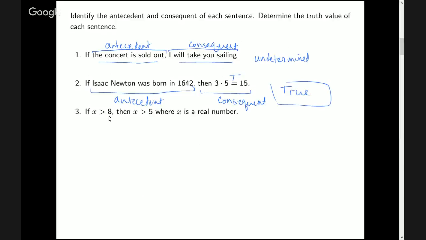What is the antecedent in number 3? And what's the consequent? X is greater than 5. Now, what's the rest of this? This is just a definition.